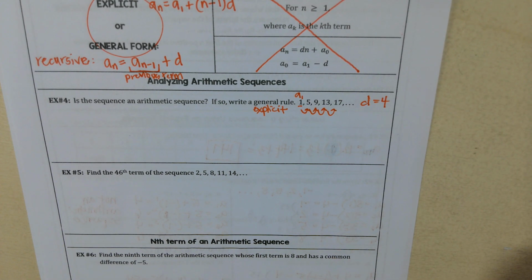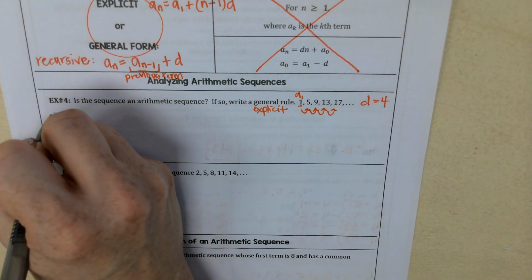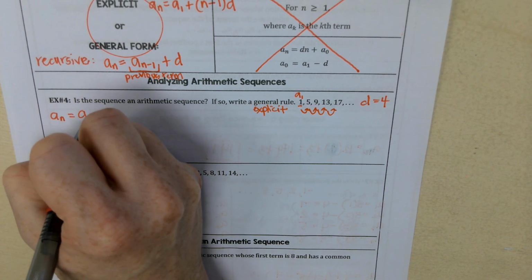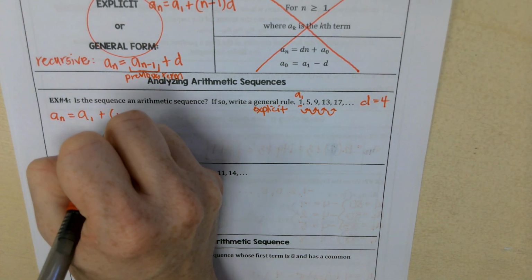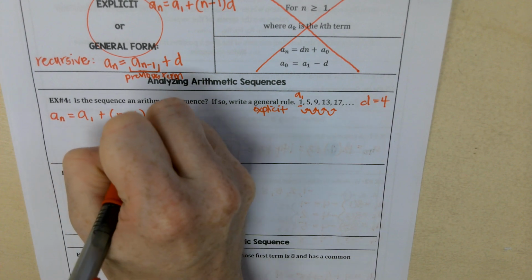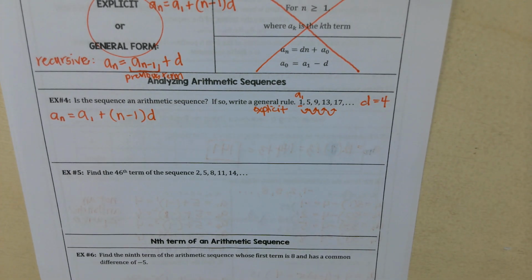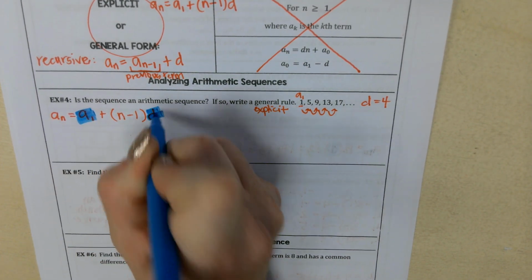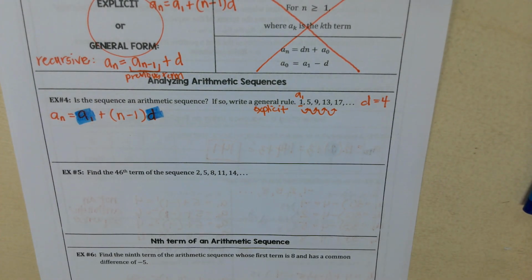Positive 4. Okay? So I'm going to substitute into this formula. I only need 2 things. I need my A1 and my common difference.